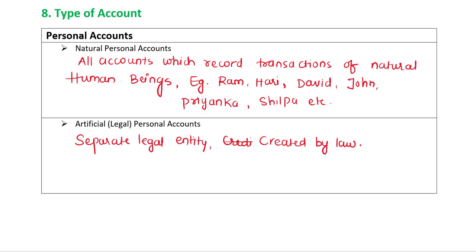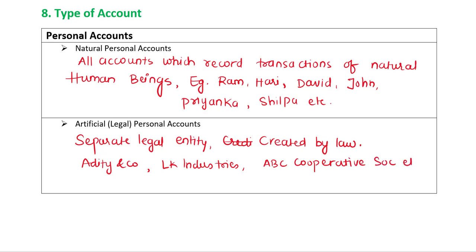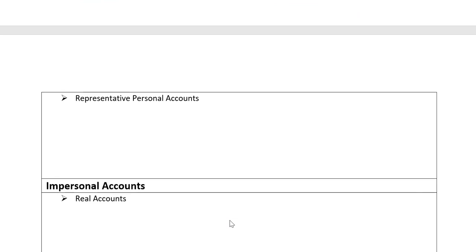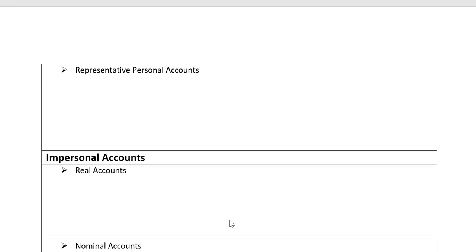The examples are Aditya and Company, LK Industries, ABC Cooperative Society, etc. The third is a representative personal account.